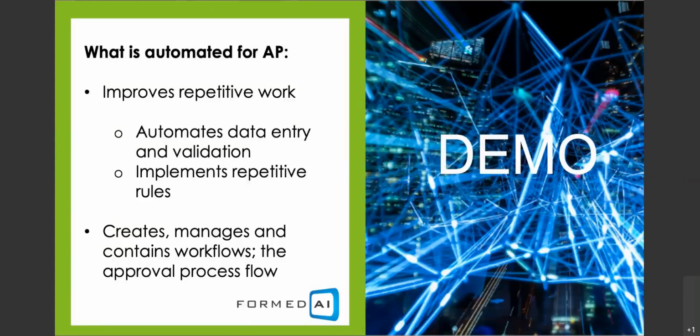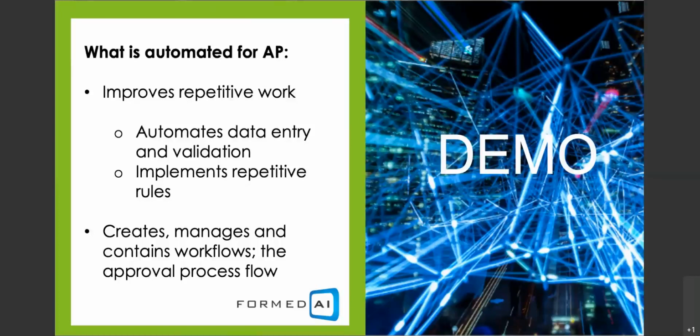The biggest way is automating that data entry and validation. That's where the lion's share of time is spent: data entry into your accounting systems, whether it be QuickBooks or Sage, GP, SAP, etc. That's where we often see that big time commitment.